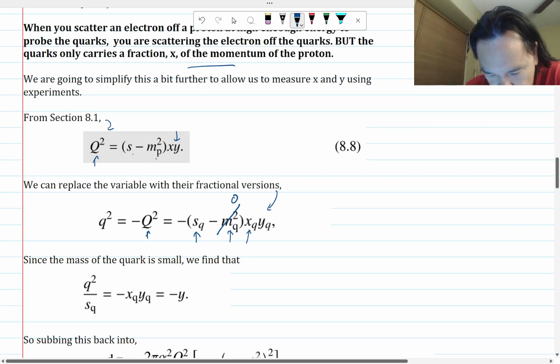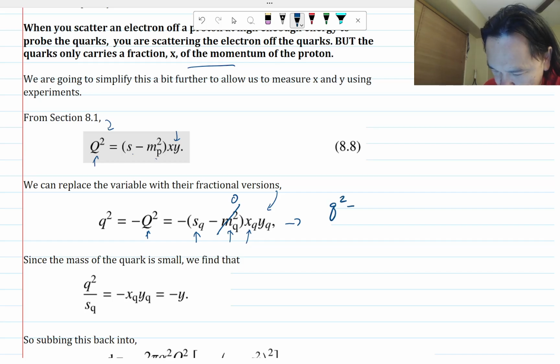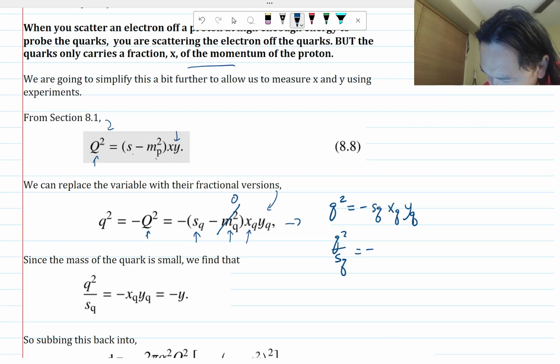In this case, you can rewrite this whole equation. So q squared equals negative sq xq yq. Solving this equation for q squared over sq, we get minus xq yq.